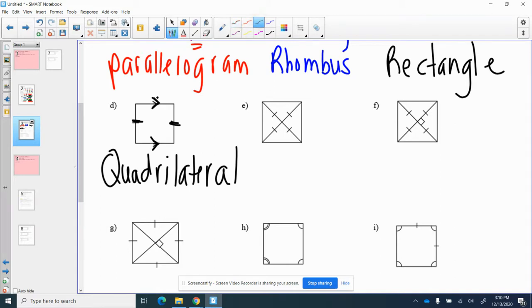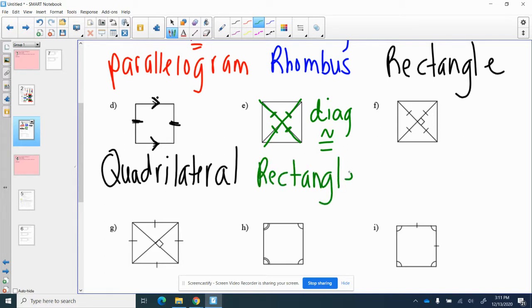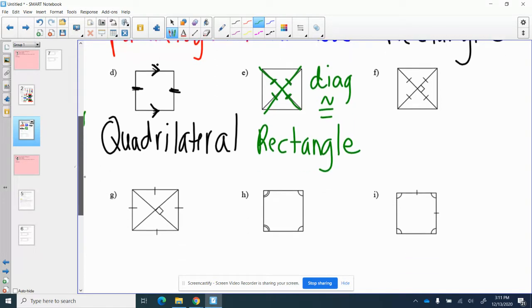In the next example, we have all four pieces of our diagonals congruent, which means that the two diagonals overall are congruent, right? Because those pieces are congruent, the diagonals are congruent, which means this is most descriptively a rectangle because we do not have enough extra information to say that this is a square.